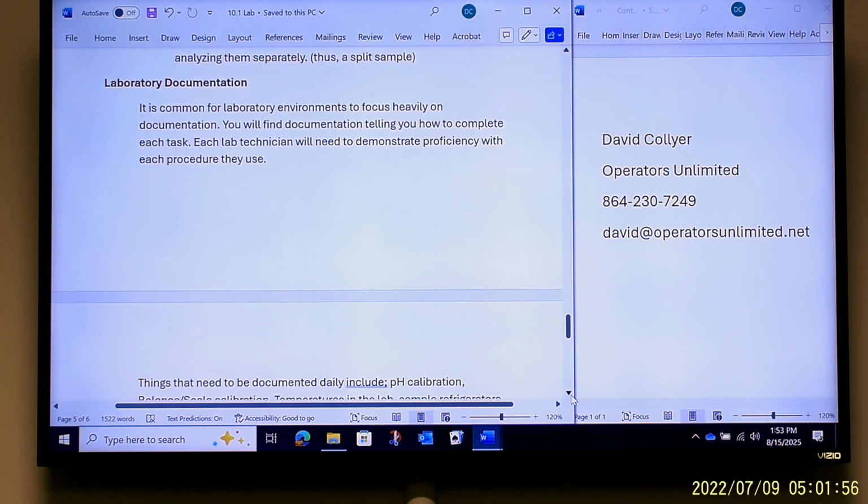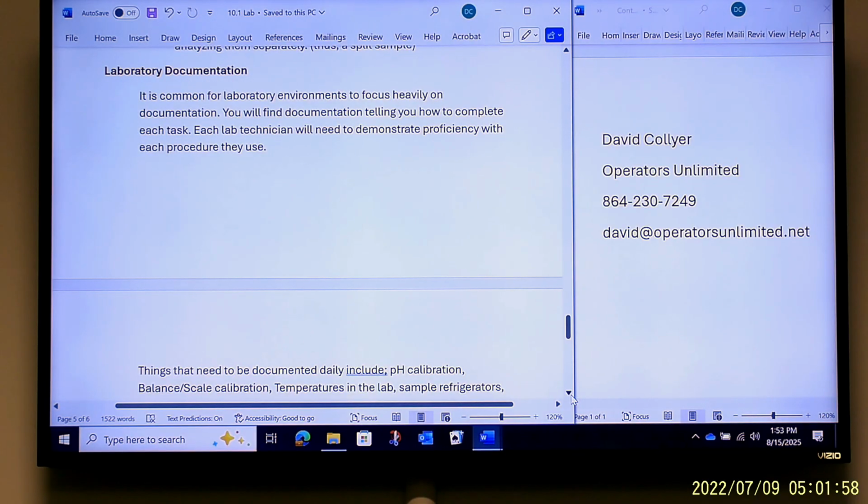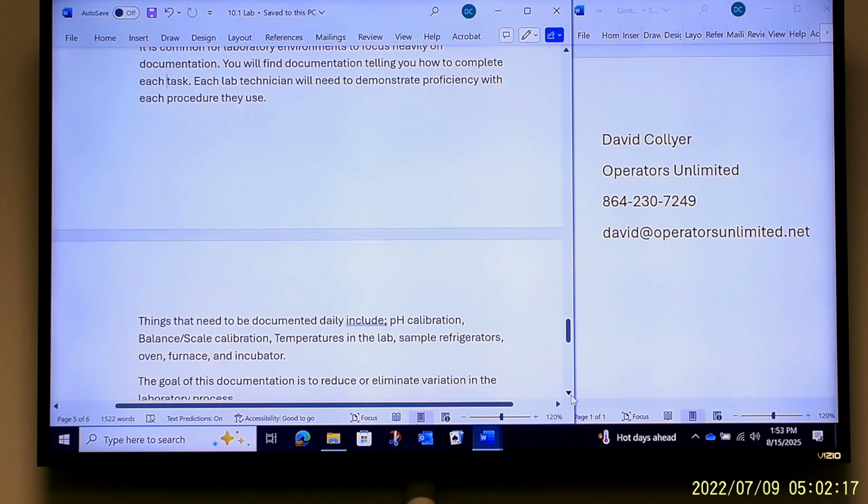Laboratory documentation. It is common for laboratory environments to focus heavily on documentation. You will find documentation telling you how to complete each task. Each lab technician will need to demonstrate proficiency with each procedure they use.